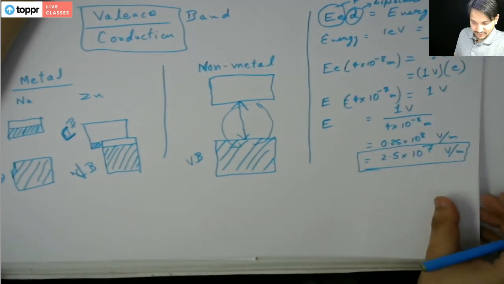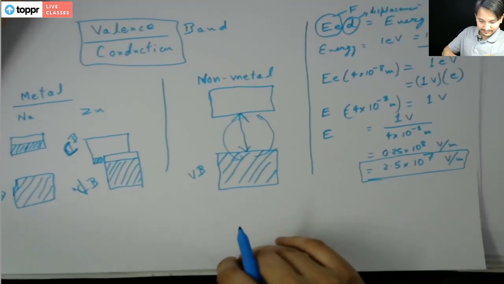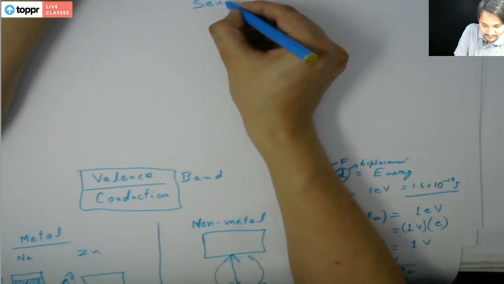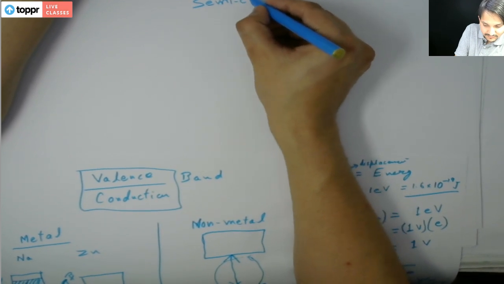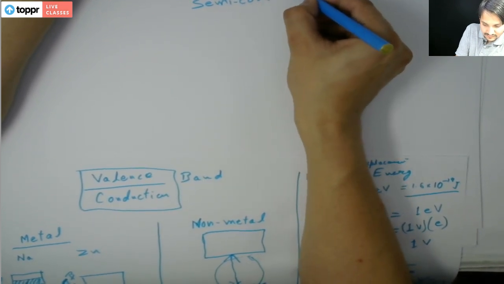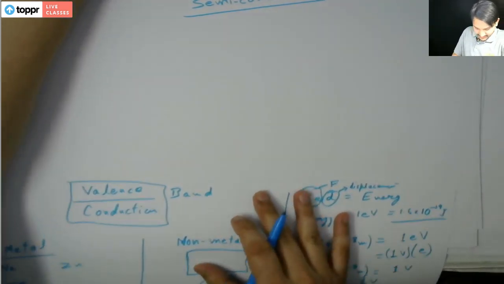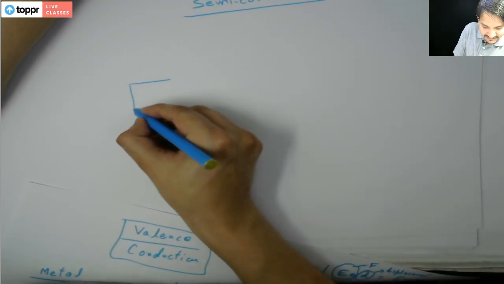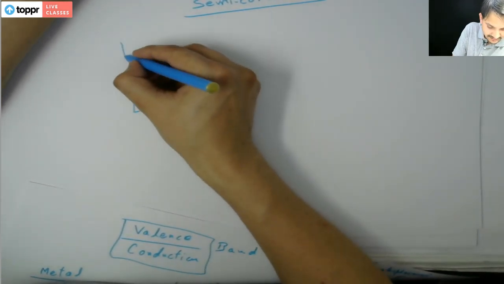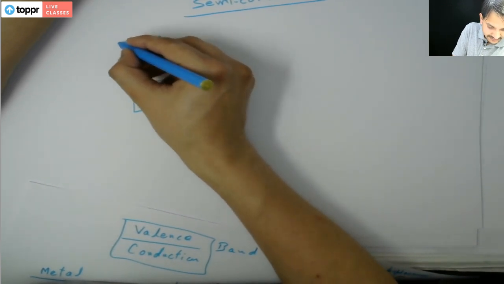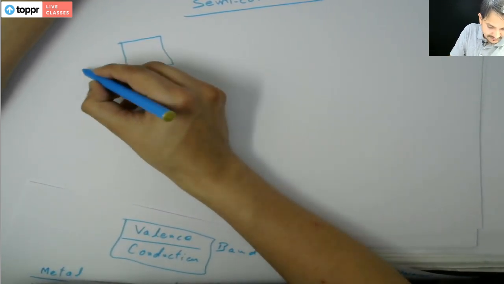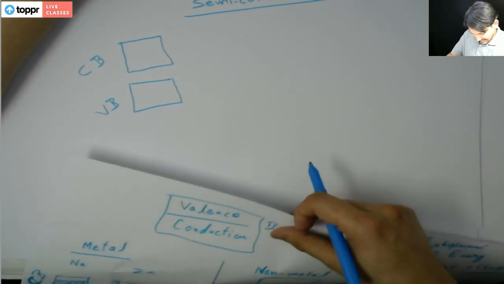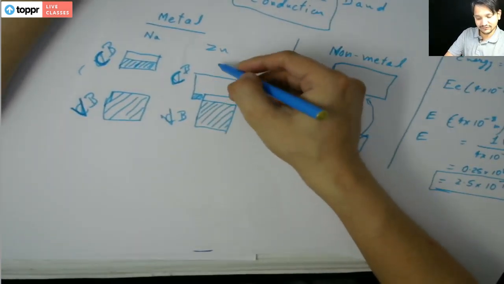Now consider the case of a semi-metal or say semiconductor. In semiconductors, the valence band and the conduction band are distinct. They are not overlapping like in the case of metals.